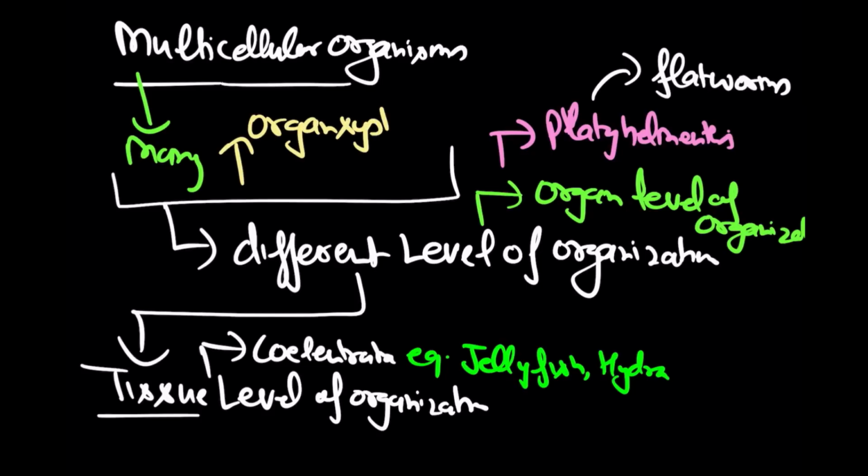So in all other organisms like aschelminths, annelids, arthropods, mollusks, and echinoderms, you are going to see organ system level of organization. Here you will also include chordates. You can take your example, we, the human beings, have organ system level of organization.